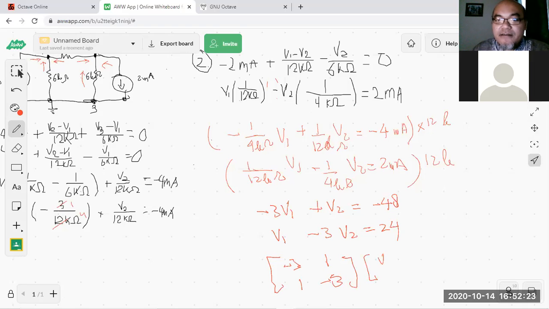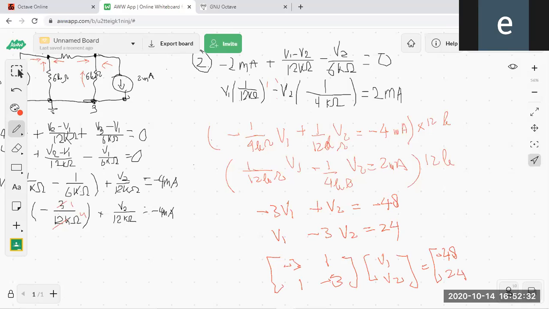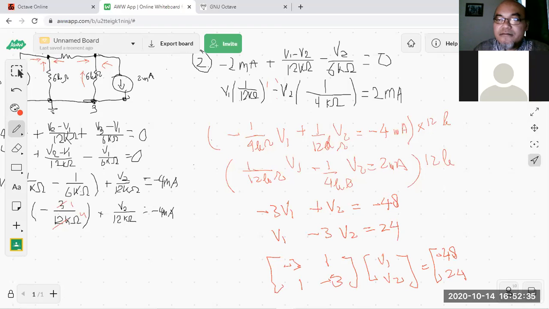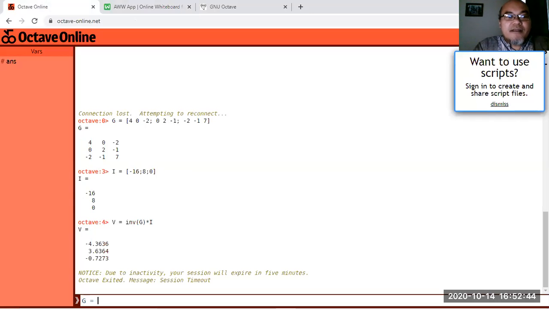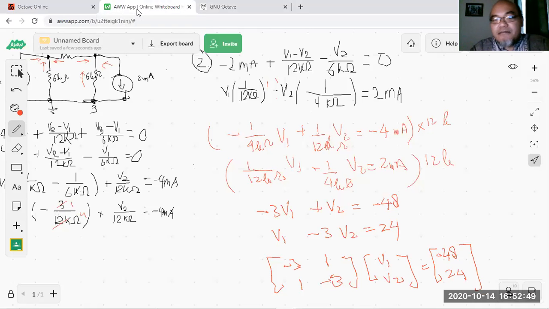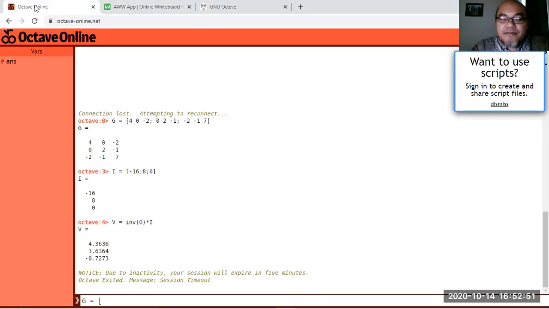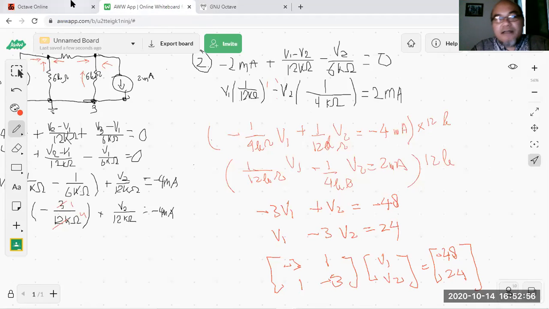V1, V2 equals -48, 24. Please correct me if I'm wrong. Using Octave, G equals -3, 1 in the first row, the second row is 1 and -3.